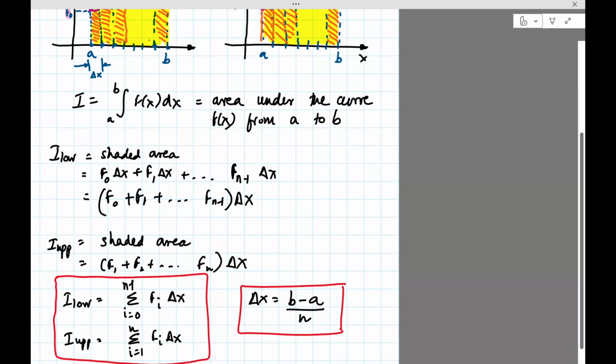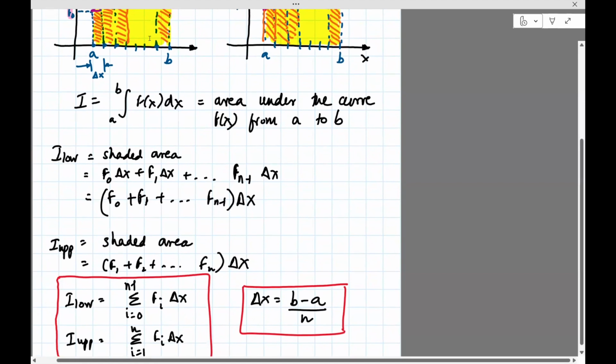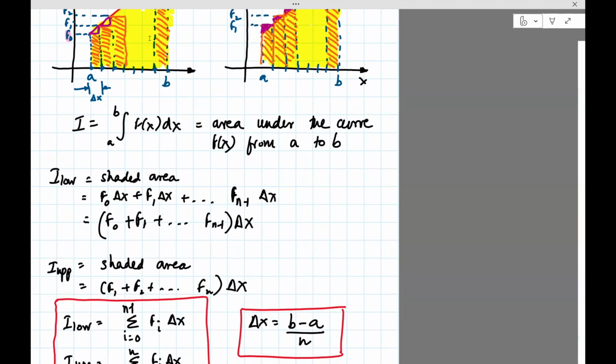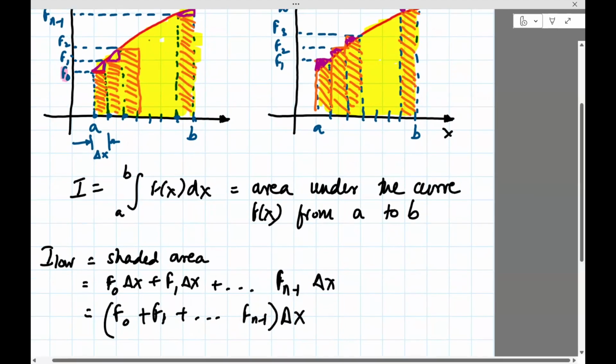Okay, so clearly one of the biggest issues with our approximation is that a constant approximation like this one doesn't capture the curve, especially if the curve is increasing, decreasing, and not constant. If it's constant, fine, you're good, but not if the curve is not constant.